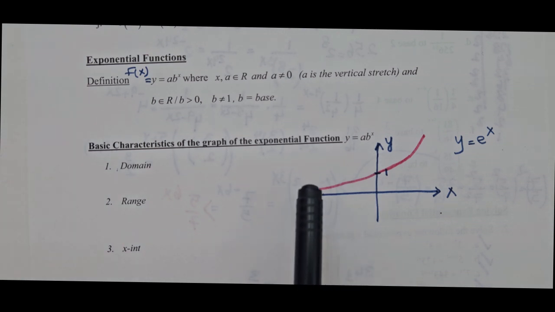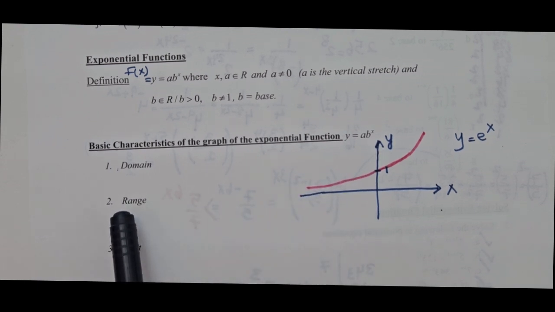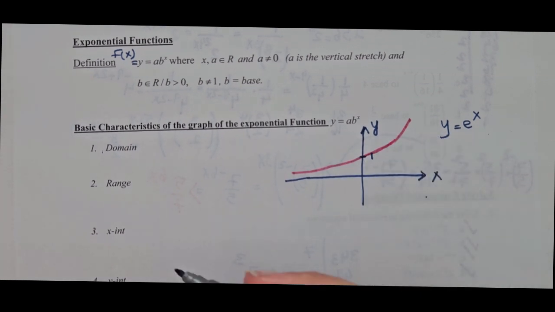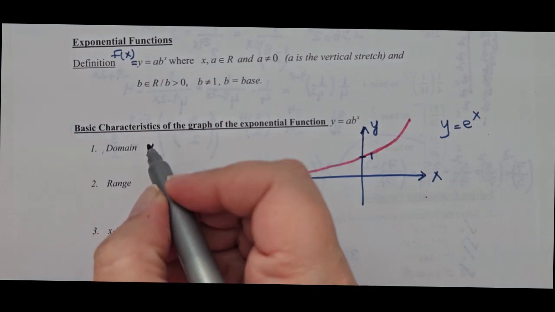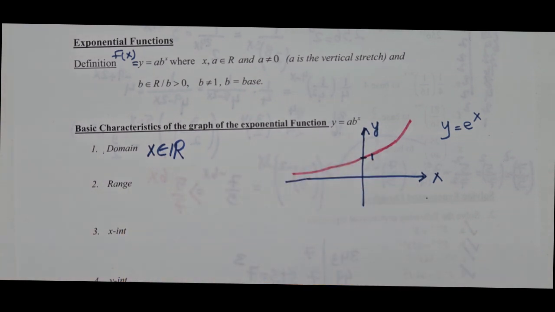And here, if you take a look, this pink graph goes to negative infinity, and from the positive side, it goes to positive infinity. So in other words, if you want to talk about the domain of the exponential graph, x is all the real numbers.